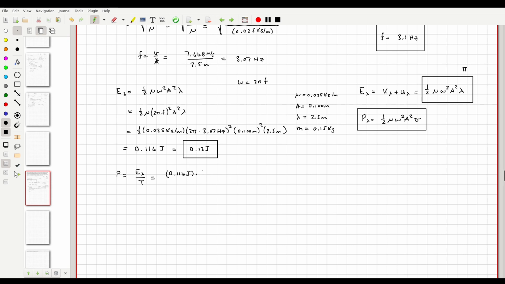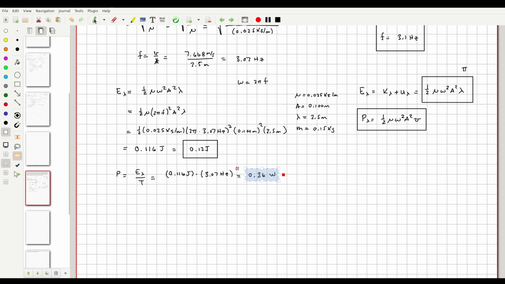And the frequency we found to be about 3.07 hertz. So if I take this and multiply it by 3.07, I end up with about 0.36, if I round, watts. So that's how many joules per second.